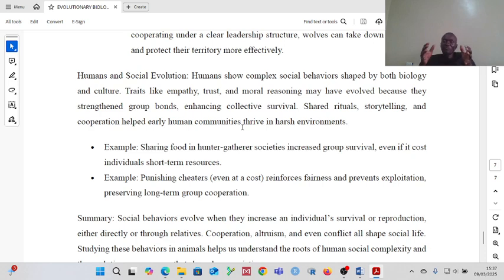Because you are punishing people who wrong the community. Once you punish them, they will not want to repeat the same wrong. By not repeating the same wrong, they will not be exploiting the community. Then once the community feels not exploited, they will want to stay together even longer. Okay.